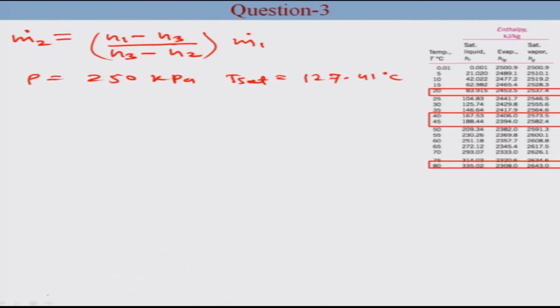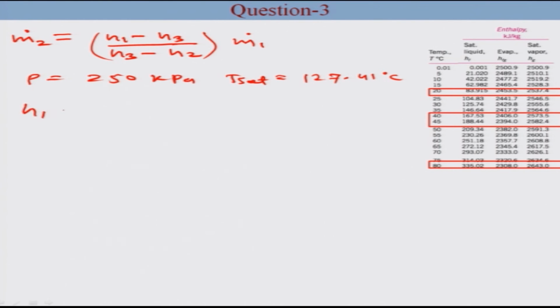That means all these streams are compressed liquids which can be approximated as a saturated liquid at the given temperature. So in order to get enthalpy data, we need to look into the saturated water table.